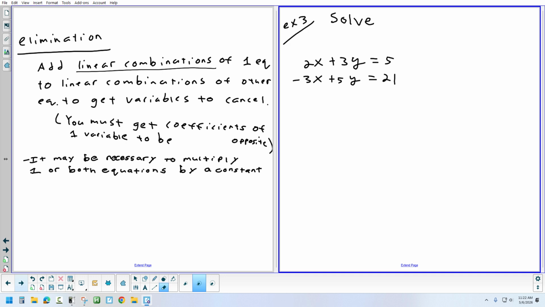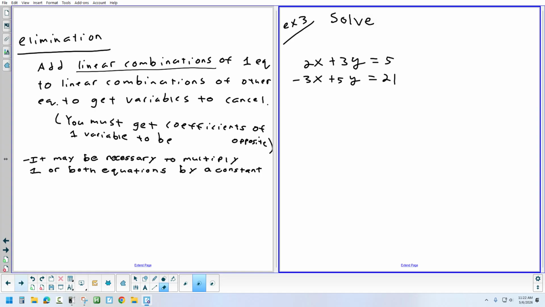It doesn't matter, but we do need to make a choice. X. Okay, so we're going to try to eliminate x. I also don't want to multiply by fractions if I don't have to. So I'm going to choose to multiply both equations by a number.